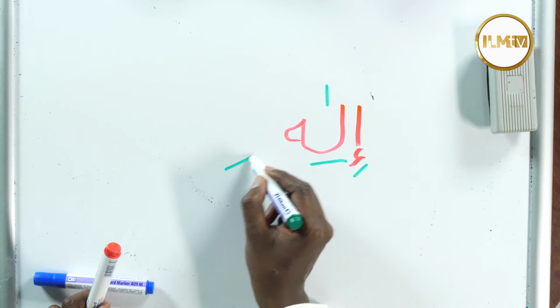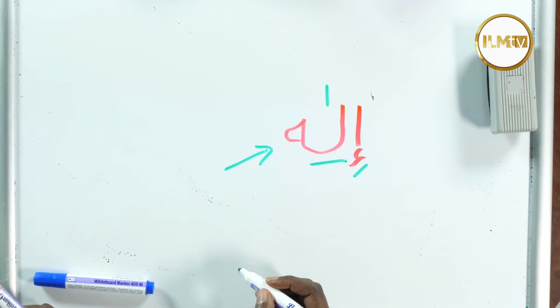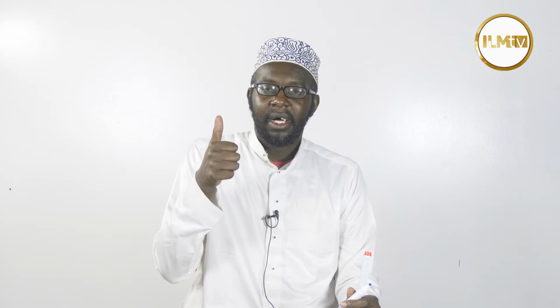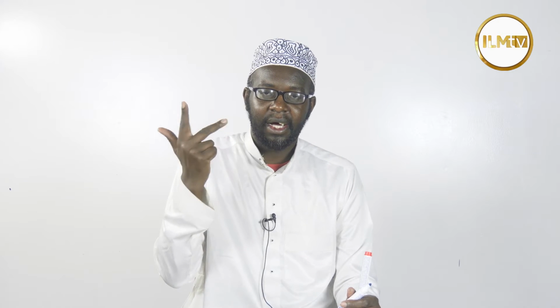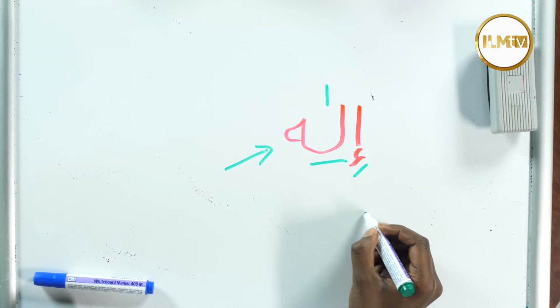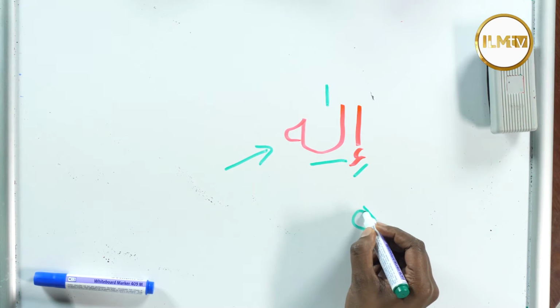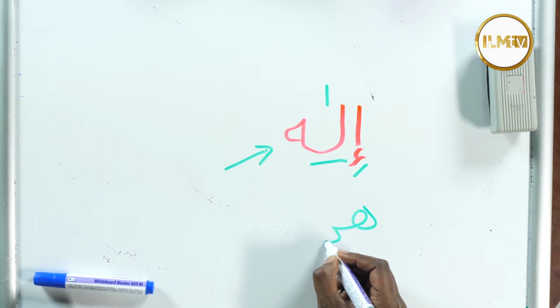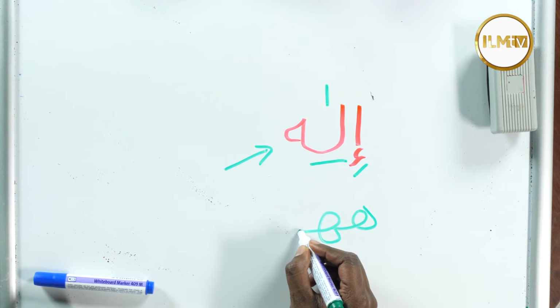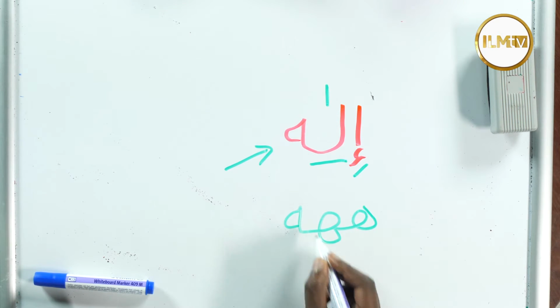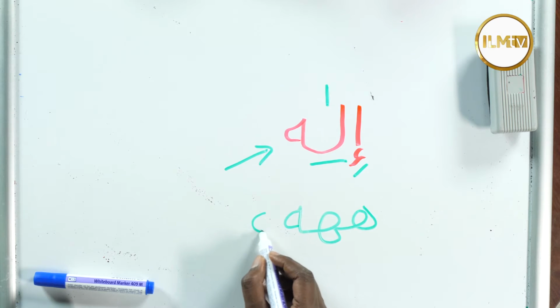And at the end here we can recognize that that is one of the forms of ha. Last two lessons back we did ha, ha, ha, ha. Four forms. The first one was ha, the second one ha, the third one ha, and the fourth one ha.